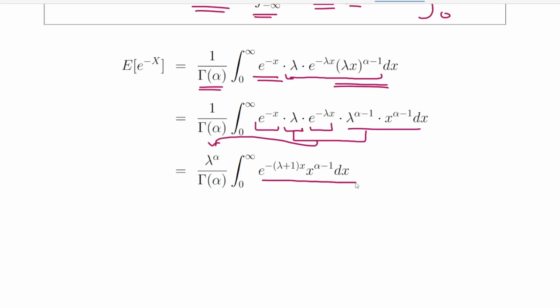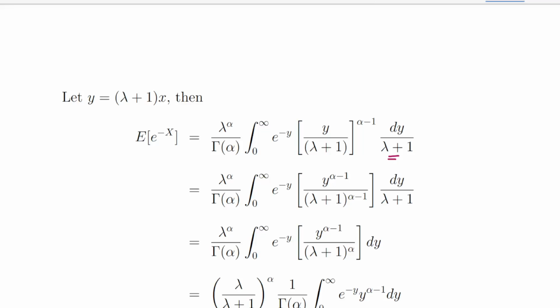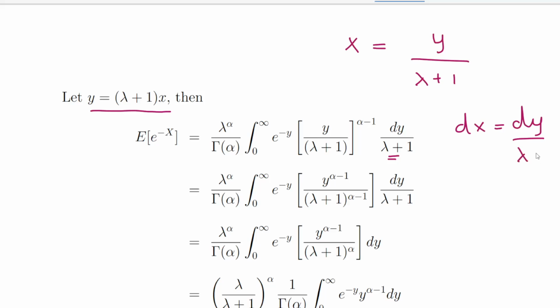Okay, and what we have here is an expression where both components are in terms of x. So I'm going to use integration by substitution to solve the rest of this. We're going to let y equal lambda plus 1 times x. As a remark, that means x equals y divided by lambda plus 1, and that has knock-on effects: dx equals dy divided by lambda plus 1 also.